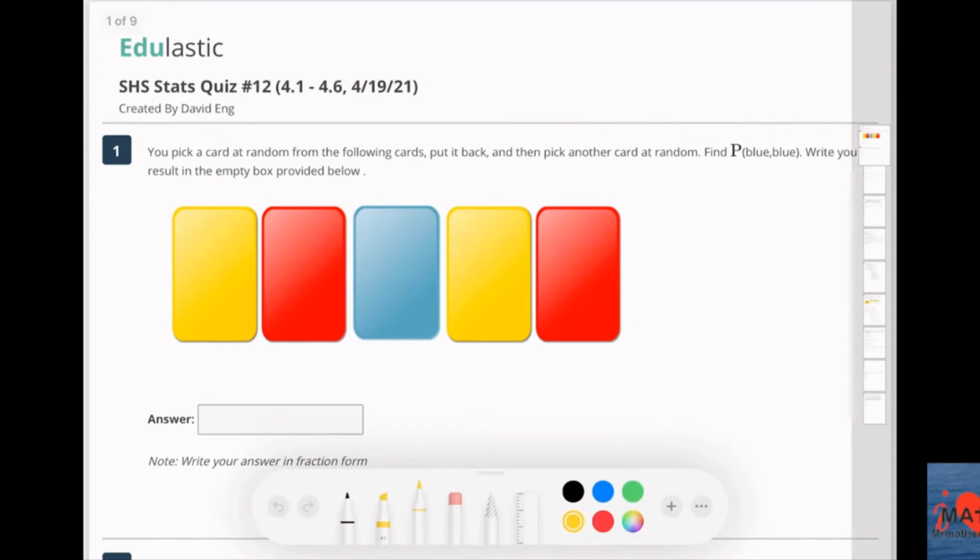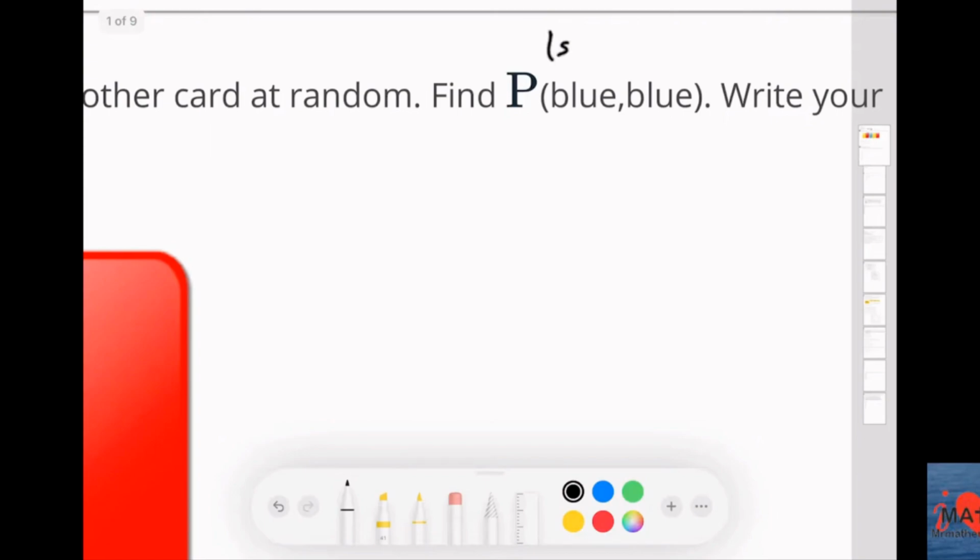You pick a card at random from the following cards. Put it back and then pick another card at random. So how many cards are you picking? We're picking here 2 cards. And it kind of tells you this is the first card and this is the second card.